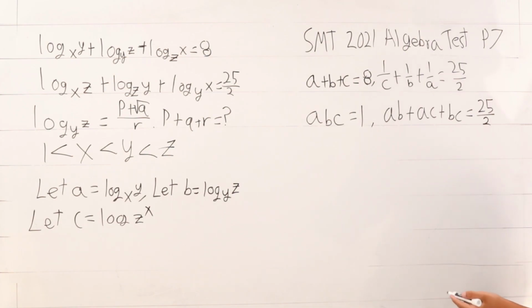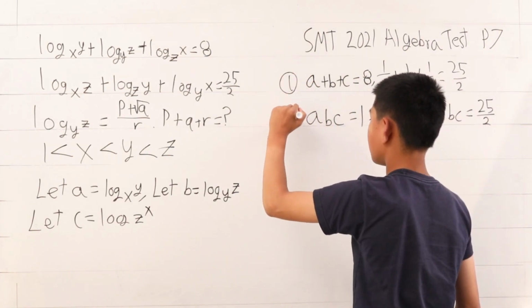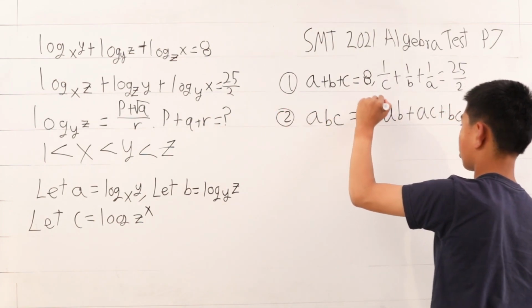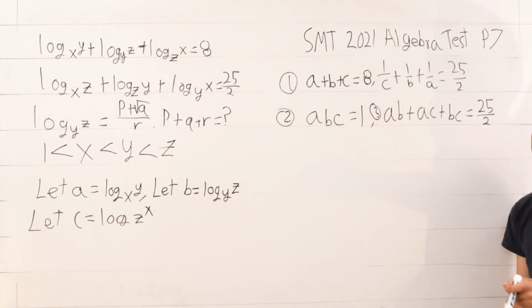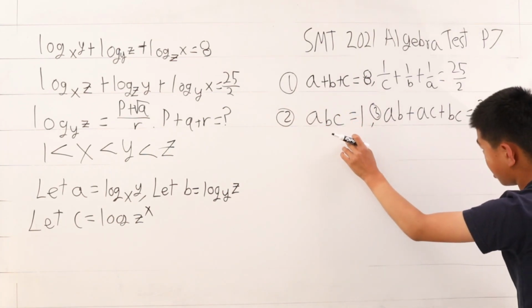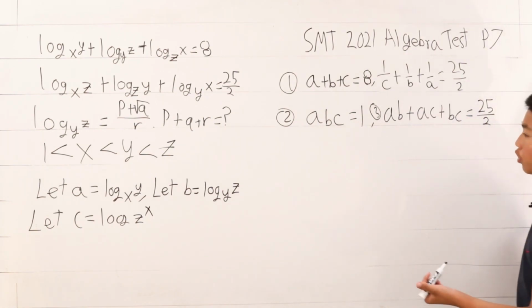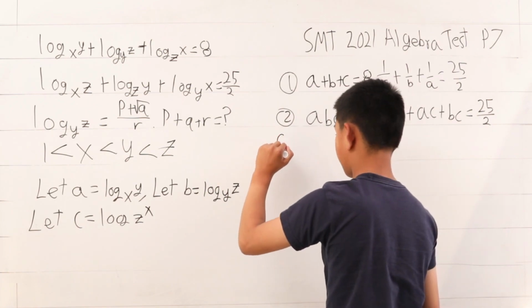Now we have three formulas here. This is the first one, this is the second one, and this is the third one. Well, this seems like a system of Vieta's formulas: a plus b plus c, a times b times c, and a times b plus a times c plus b times c. Therefore, we can write a function of this equation.